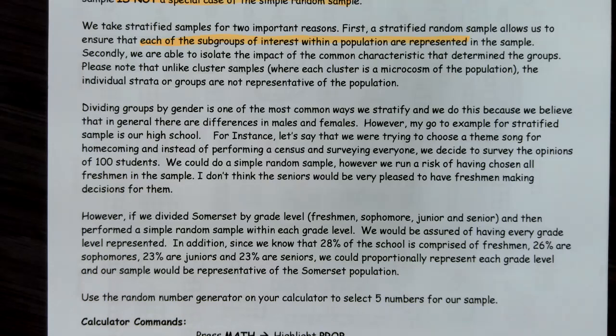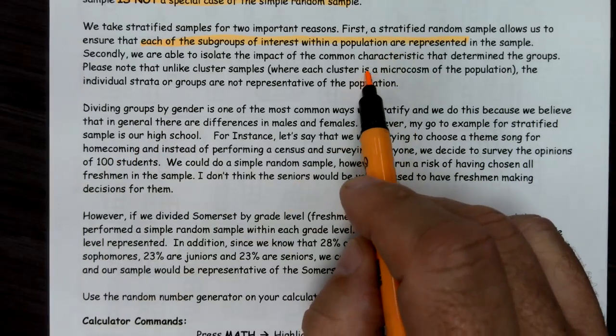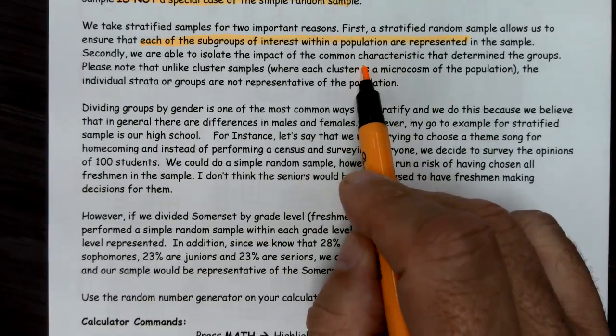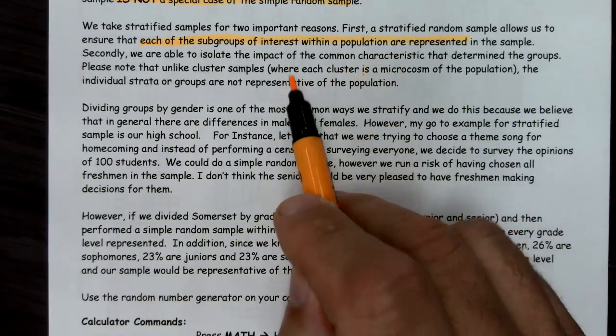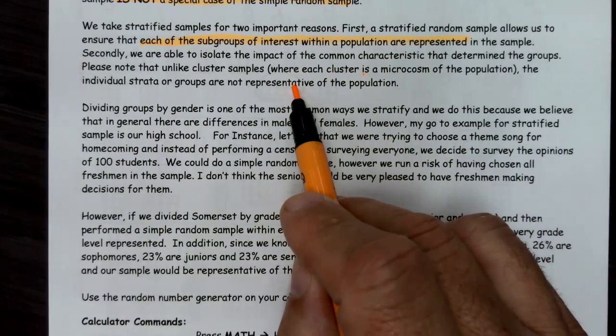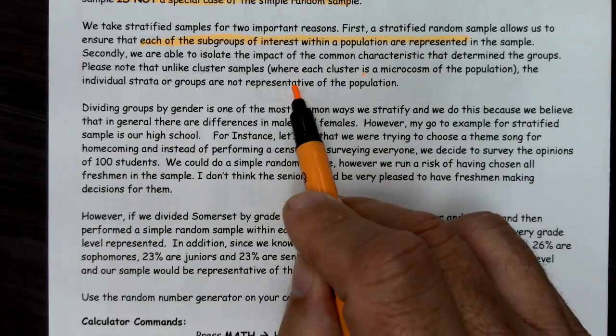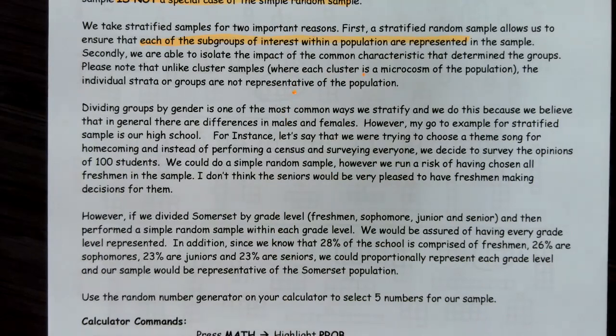Please note that unlike cluster samples, where each cluster is a microcosm of the population, the strata look nothing like the population. It only has part of it. In a cluster, each group looks like the population. In a stratified sample, the individual strata do not look like the population, but the sample will.